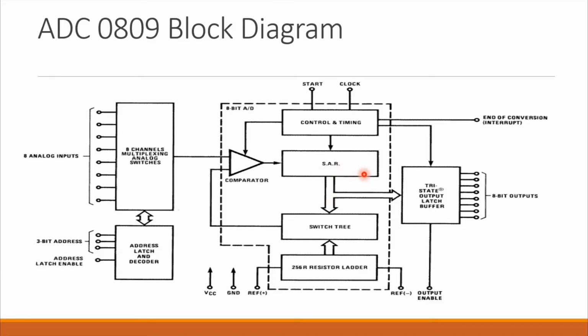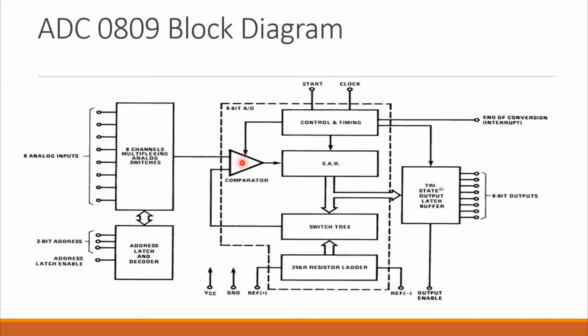So what is that successive approximation? You get an input voltage, and it will get converted into a digital value one bit at a time. Like this register is an 8-bit register. It starts with setting the MSB bit as high. It will calculate the voltage for that digital value. That digital value is then converted into an analog one.